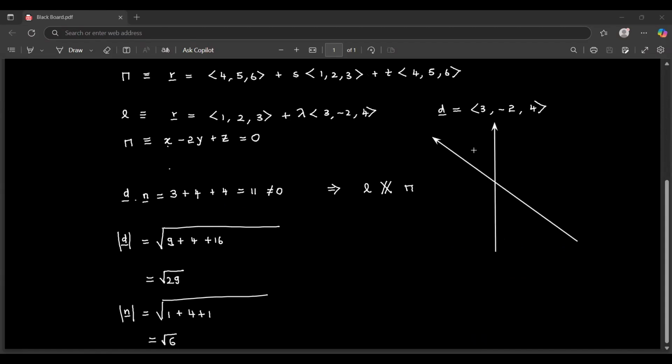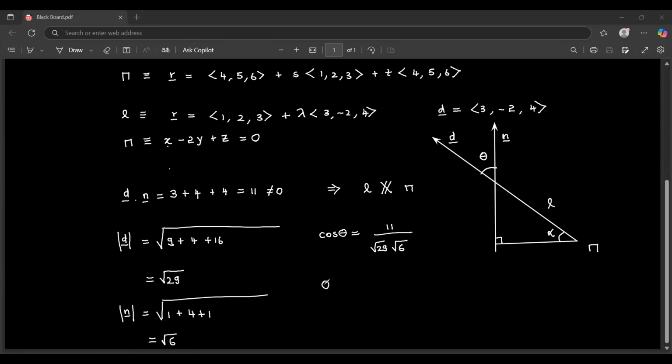So for the angle between these two vectors, we complete the right-angled triangle also, because in the future it will be useful. So this is line L and this is plane phi, and this is the angle which we are trying to find. This is 90 degrees. This is the normal vector. This is the direction vector d. Okay, so this is the angle that we are trying to find. So cos theta can be given as 11 over square root of 29 into square root of 6.